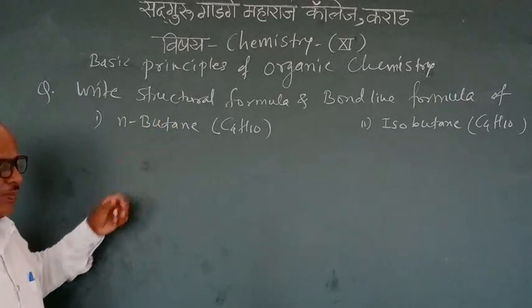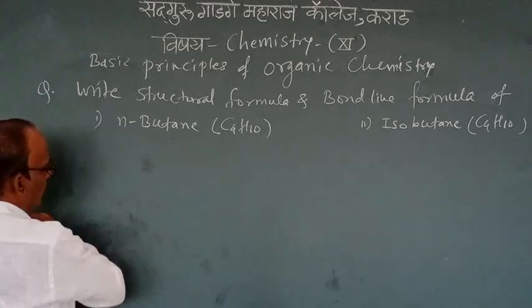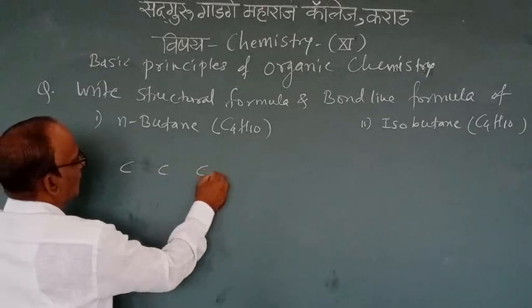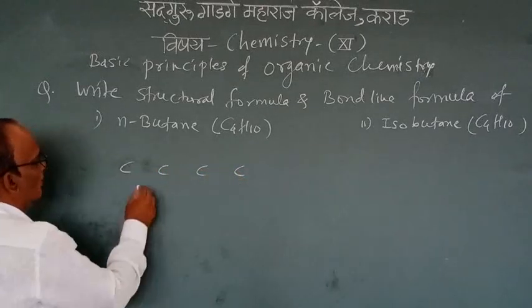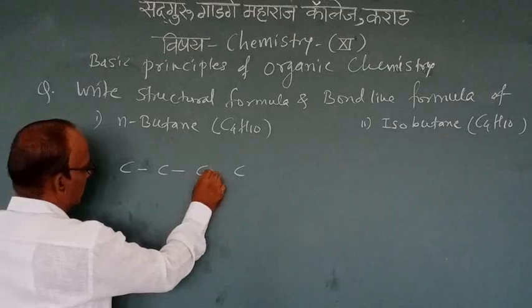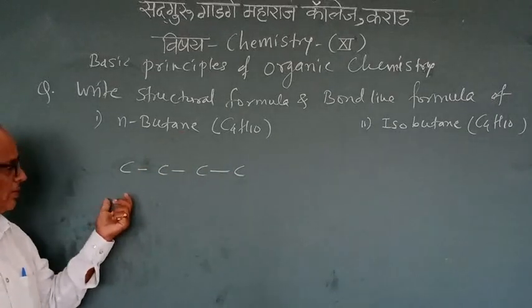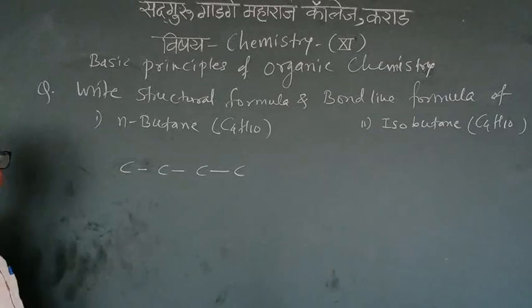In the case of n-butane, normal butane, first write 4 carbon atoms in a continuous chain. There is a carbon-carbon single bond, because this is an alkane. Then satisfy the valency of carbon by writing hydrogens.